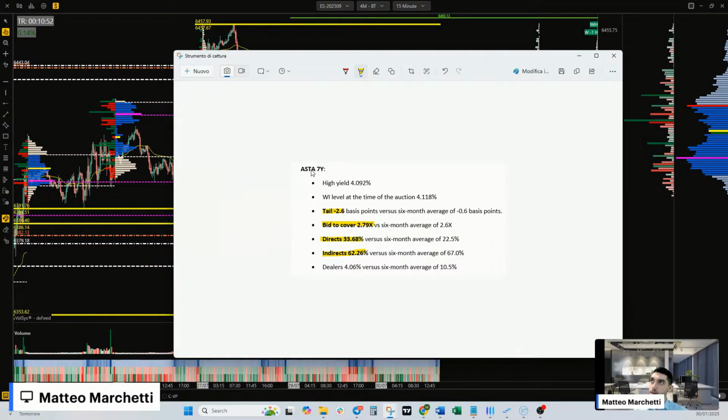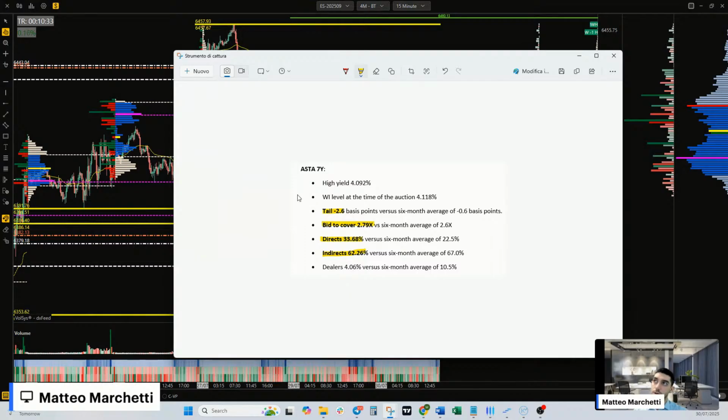The auction of the 7-year bond was really, really good. To be honest, I do not remember figures like these for a 7-year auction recently.